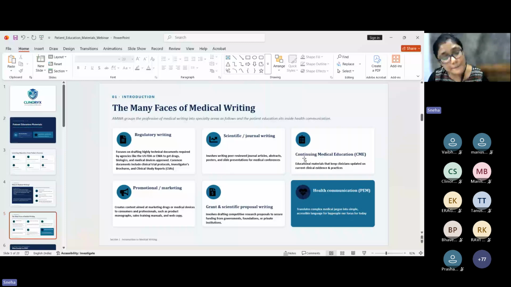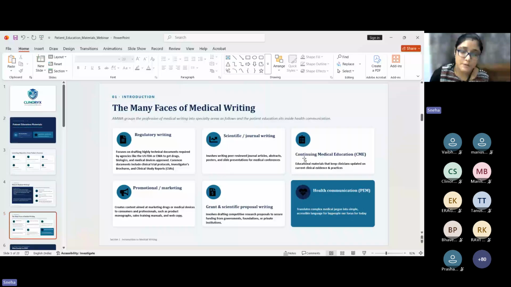Now, when he comes back, he has the knowledge of what type 2 diabetes mellitus is, and this knowledge allows him to take informed decisions about what he's going to take in his diet, how he is going to modify his lifestyle, and what he's going to do to keep himself fit or to reduce the level of sugar in his blood. That is the purpose of patient education material, because if the patient is able to relate, then that actually works.